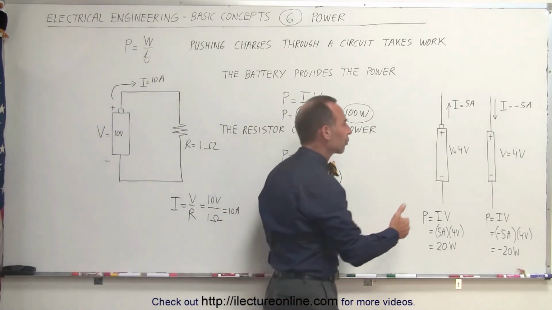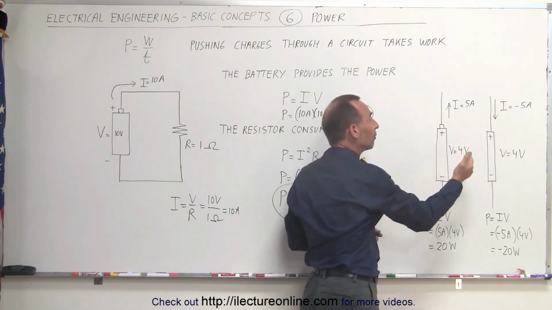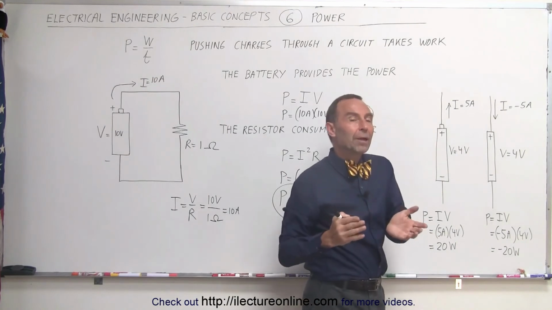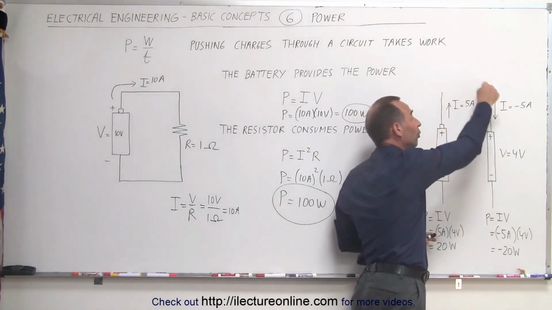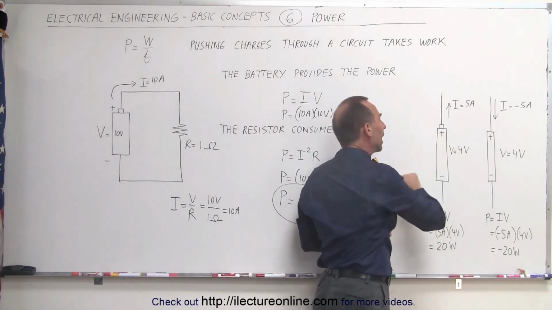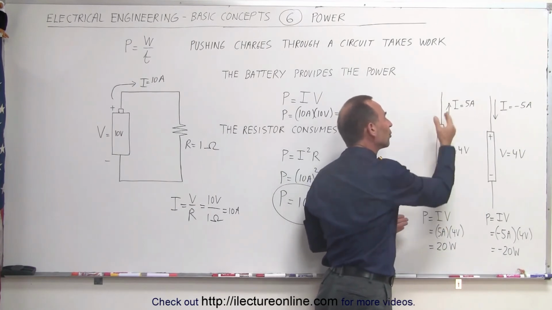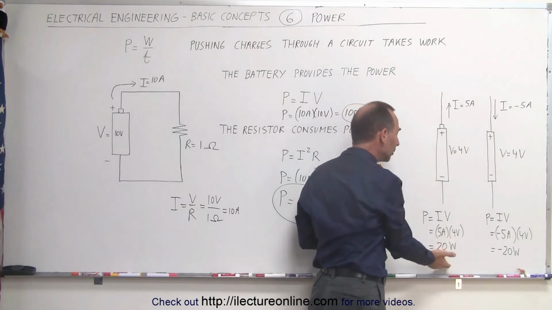One more thing we should mention. Notice that we can have a current flowing in the direction indicated by the battery. Sometimes we have the current flowing in the opposite direction, because there may be another battery, another power source that is larger than this one, causing the current to flow in the opposite direction. If the polarity of the battery, the positive end and the negative end, is such that it's indicating the same direction as the direction of the current, then the power provided by this battery will be positive.